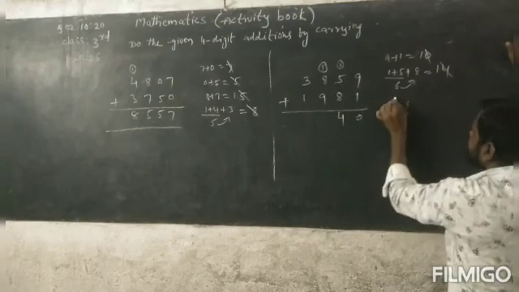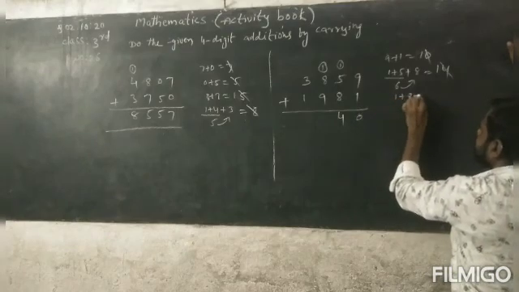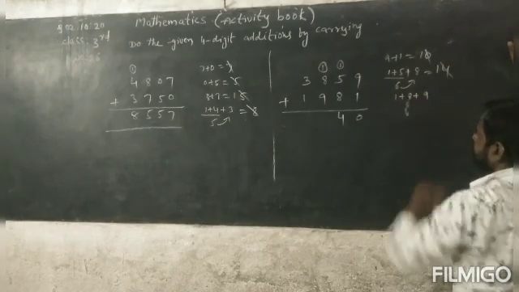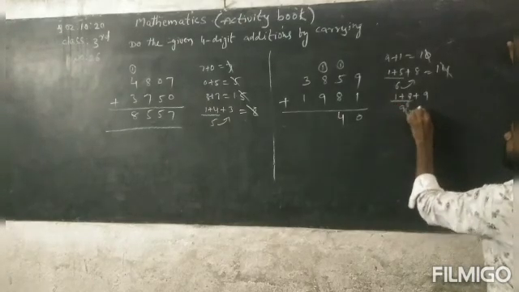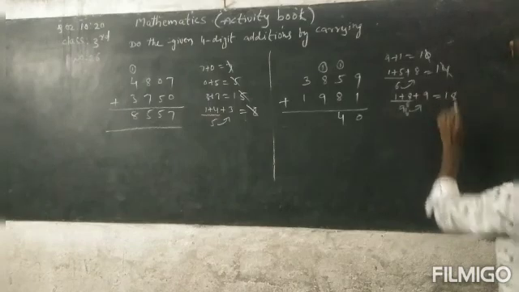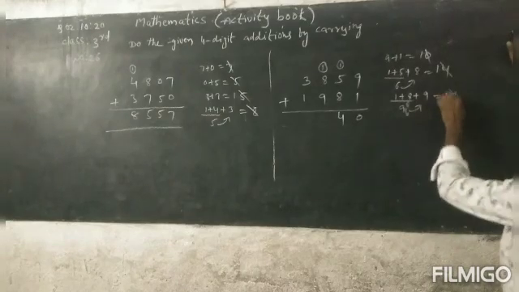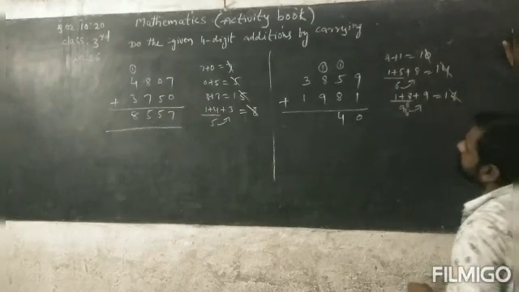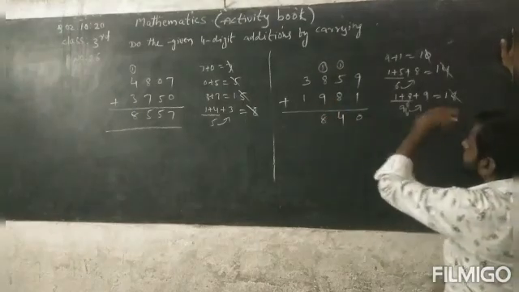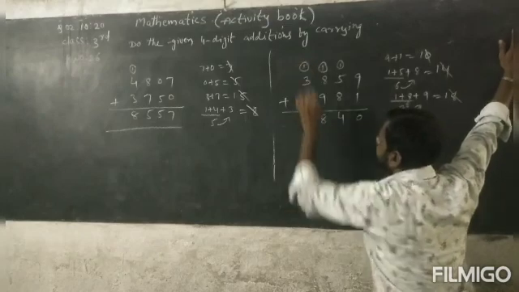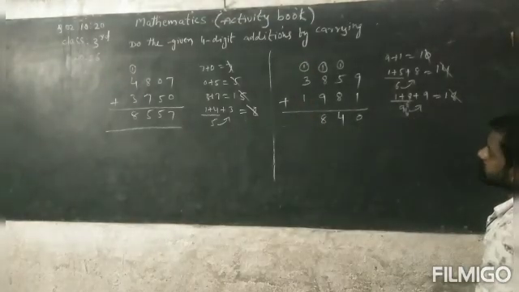Next, 1 plus 8 plus 9. I can say it directly, learners, with this method. 1 plus 8 is 9, 9 plus 9 is 18. So 8 is taken and written under the hundreds column, and the remaining number 1 is carried to the thousands place.